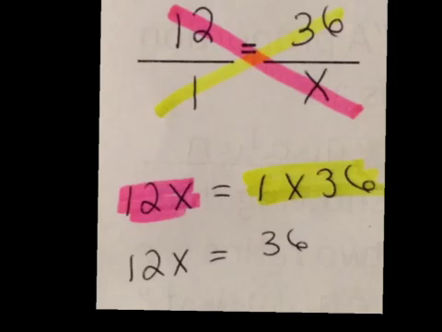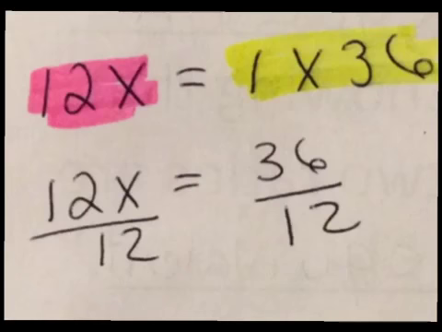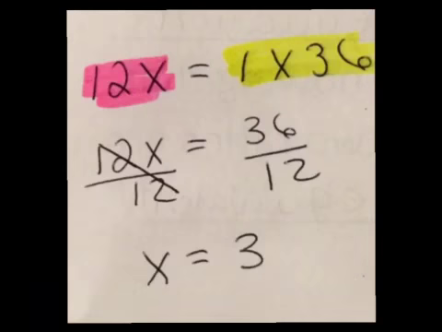To solve our equation, we need to simplify. 1 times 36 is 36. To undo multiply by 12, we need to divide by 12. What we do to one side of the equation, we do to the other side of the equation. Then we have our solution, x is equal to 3.